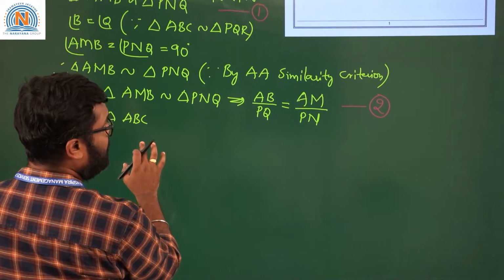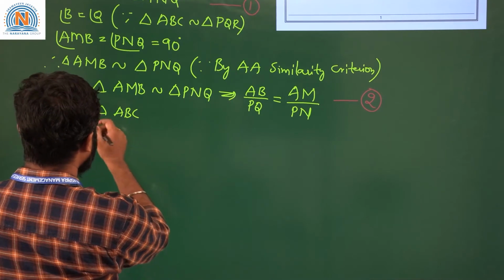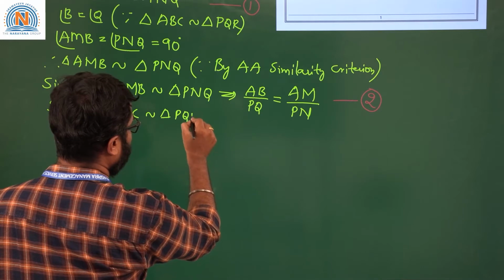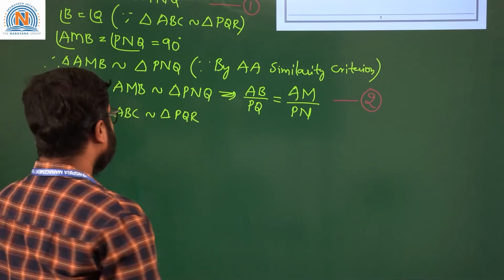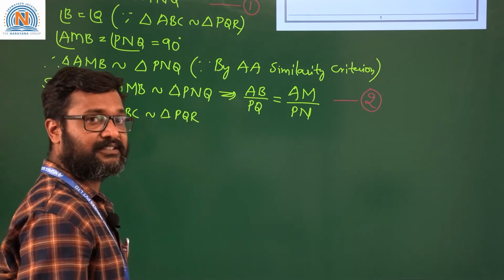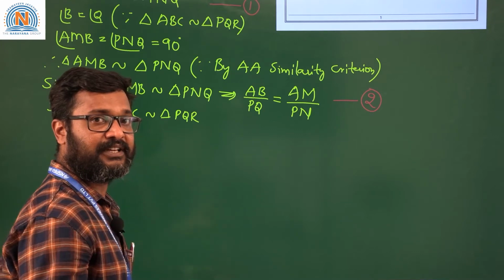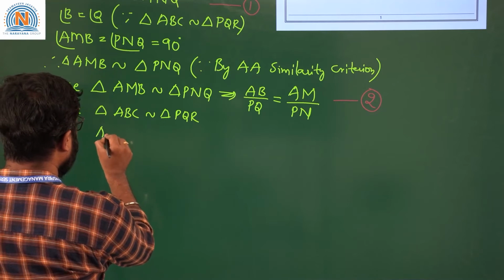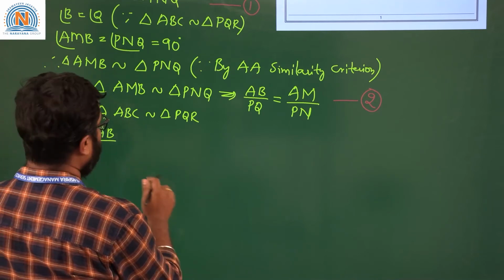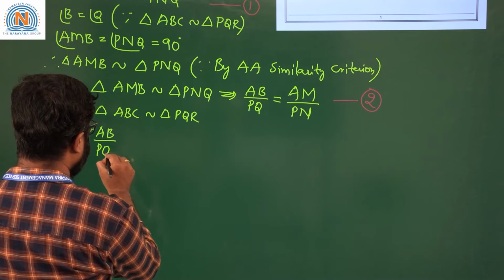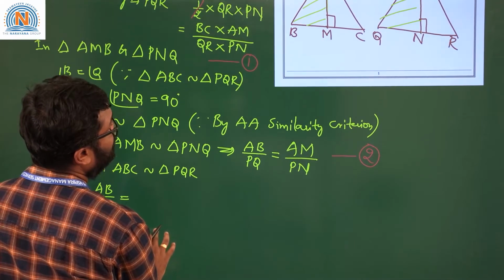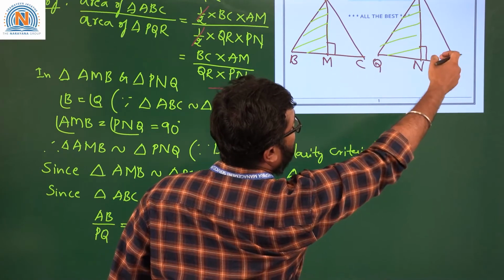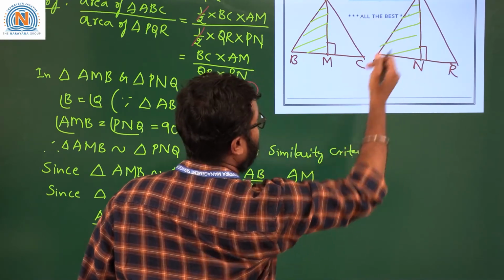So given one, what he has given, that is triangle ABC is similar to triangle PQR. So this is the given one. By this, if two triangles are similar to each other, the ratio of their corresponding sides are also equal. So now AB by PQ, see children, AB by PQ, BC by QR and AC by PR.